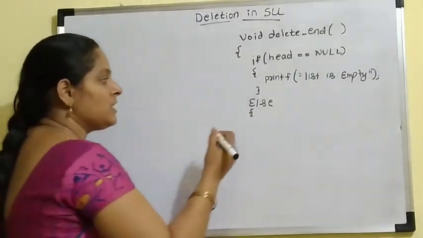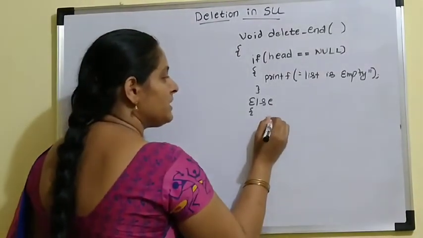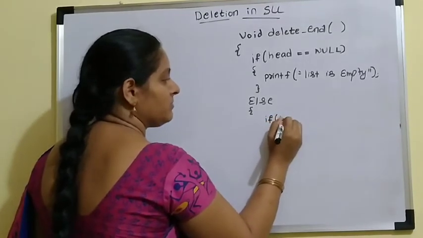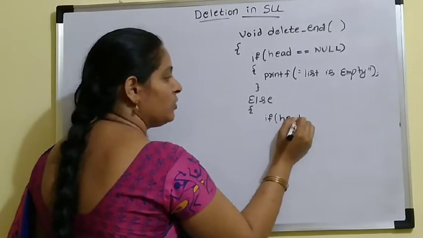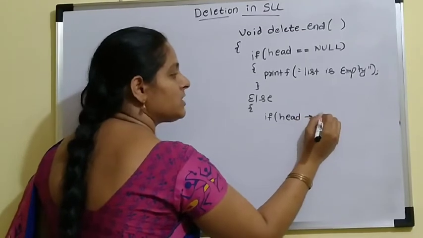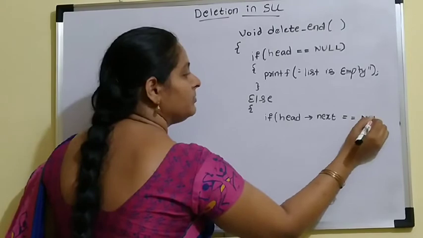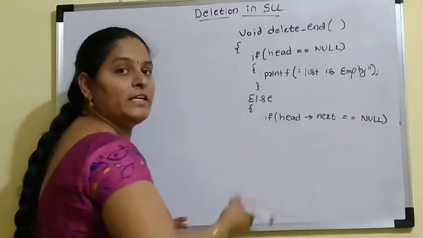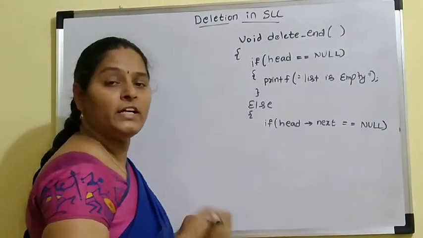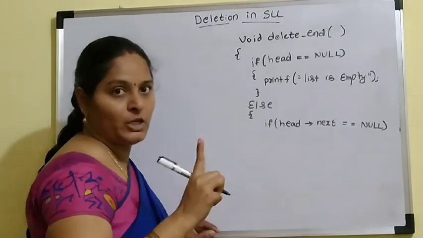Okay. Now see, suppose your list contains only one node. If your list contains only one node, that means head next equal to null. When will head next be equal to null? Whenever your list contains only one node.